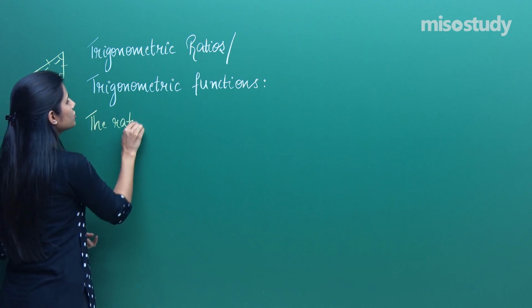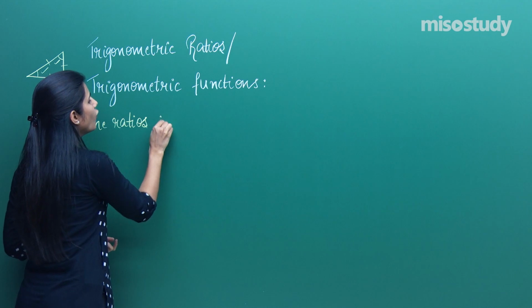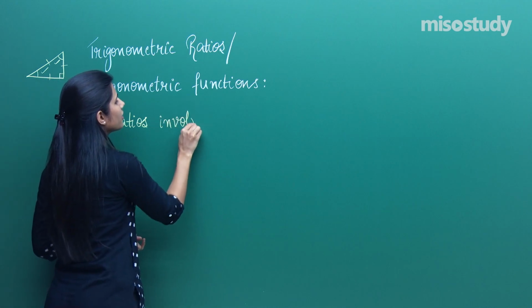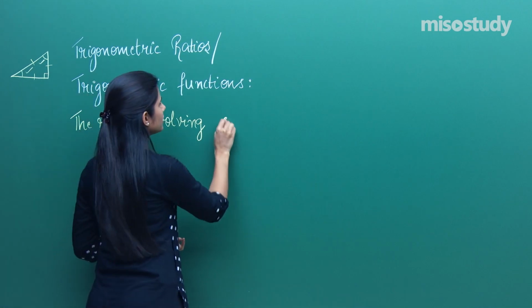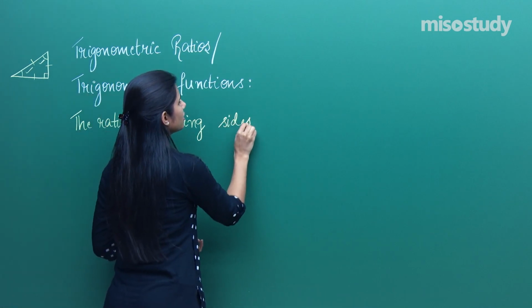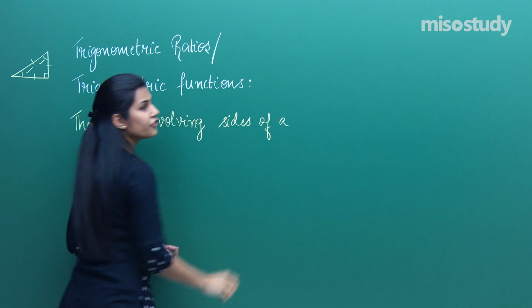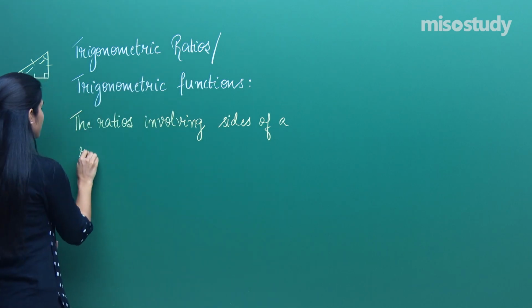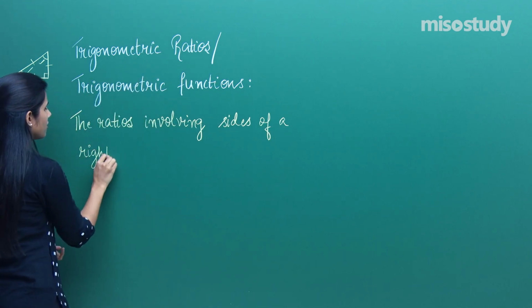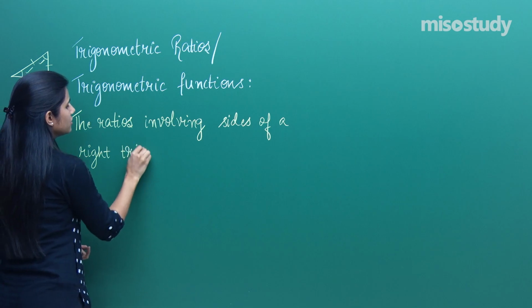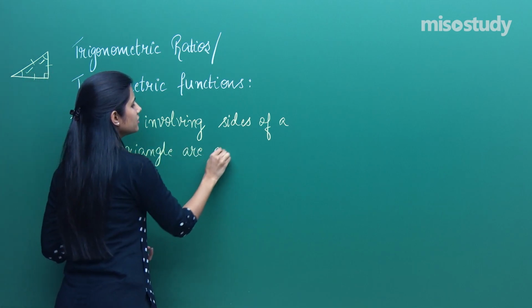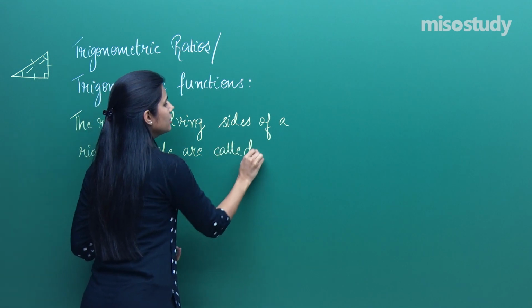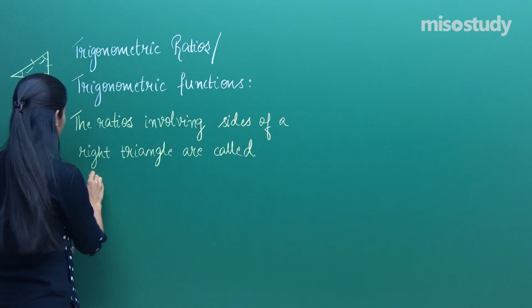The ratios involving sides of a right triangle are called trigonometric ratios.